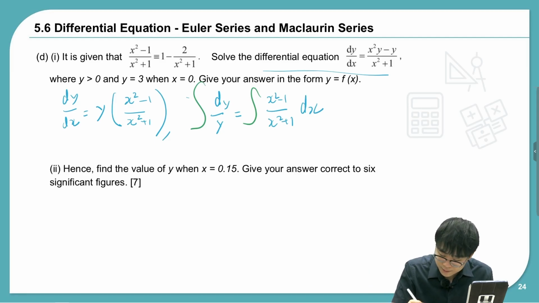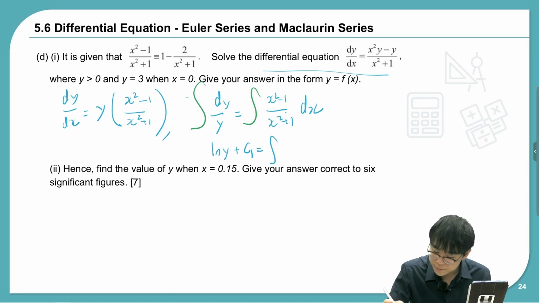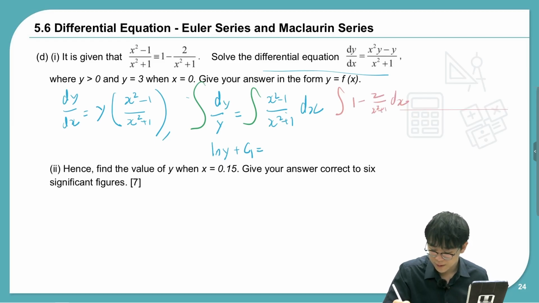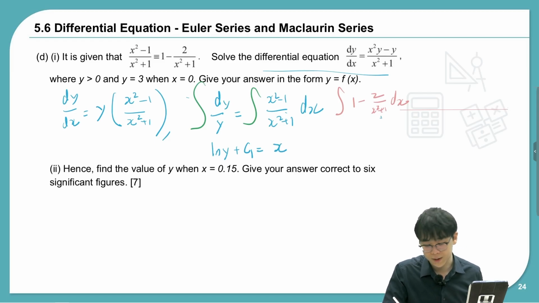So if you do that, we would get ln y plus c1, some constant, and then we would basically integrate 1 minus 2 over x squared plus 1 dx. So we know that just becomes an x here, and this is arctangent. If you go to your formula booklets, if you differentiate arctangent x, that's going to give you 1 over 1 plus x squared.